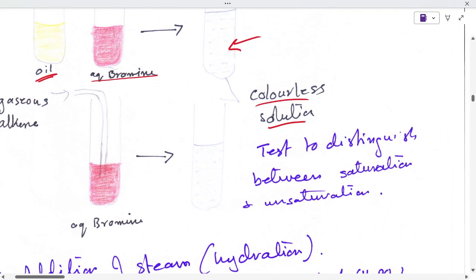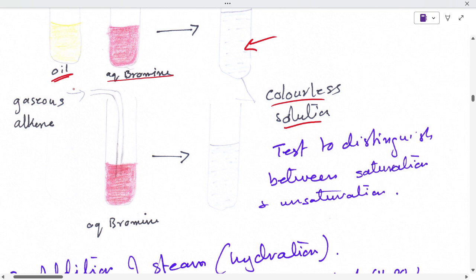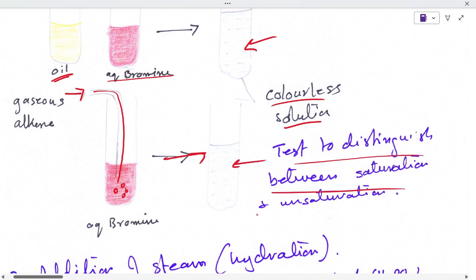Now another one, gaseous alkene, if it is passed in aqueous bromine, it again changes to a colorless solution, which is the test for unsaturation. Test to distinguish between saturation and unsaturation.